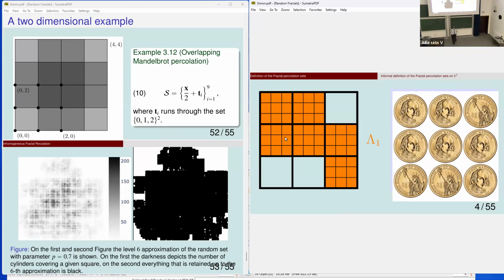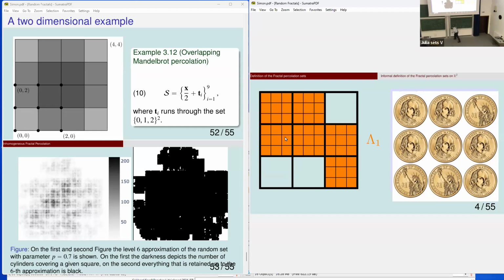What happens is that, for example, by coin tossing, you choose or you discard the left bottom corner of the squares, but these squares have big size and they heavily overlap.